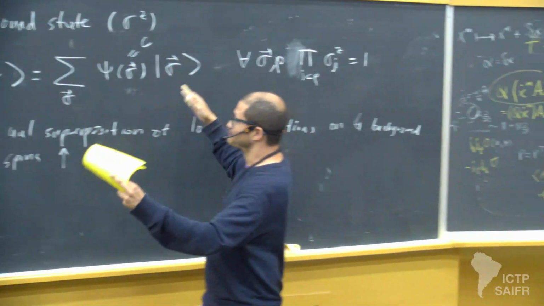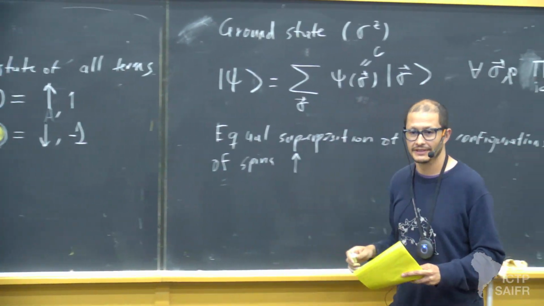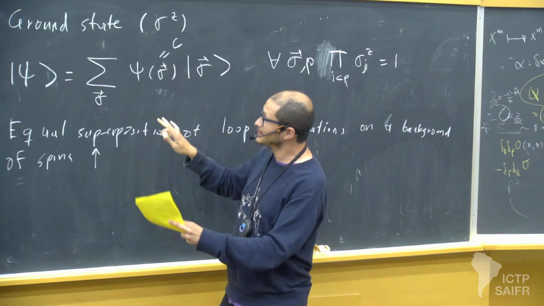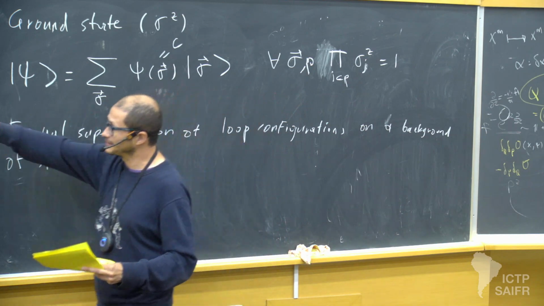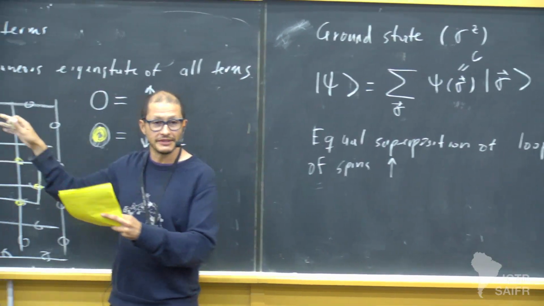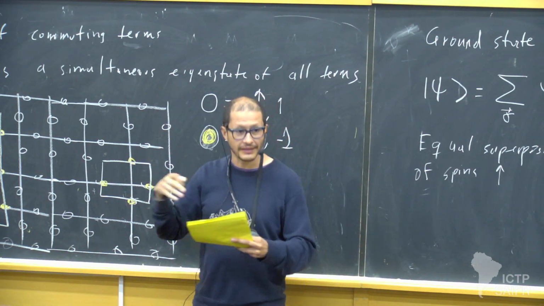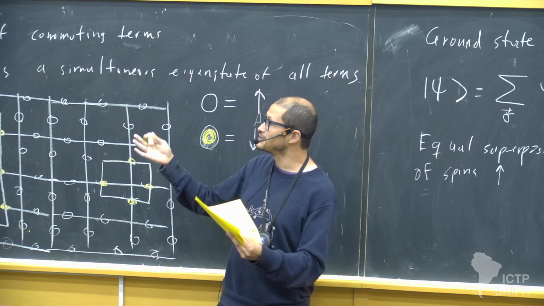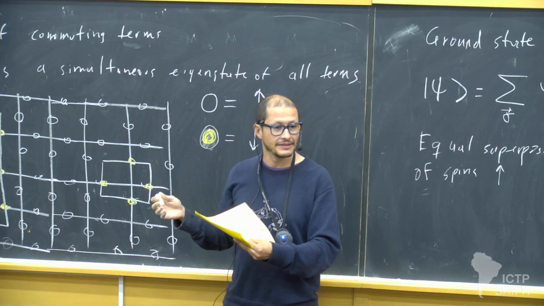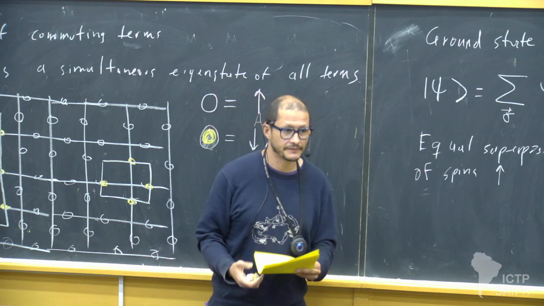So it's a superposition of all these configurations that look like this. And clearly, as we said, this is an eigenstate of all the B simultaneously, okay? Because every time you apply it, you will get a 1, and you'll get energy minus 1 because of the minus on each plaquette, all right?